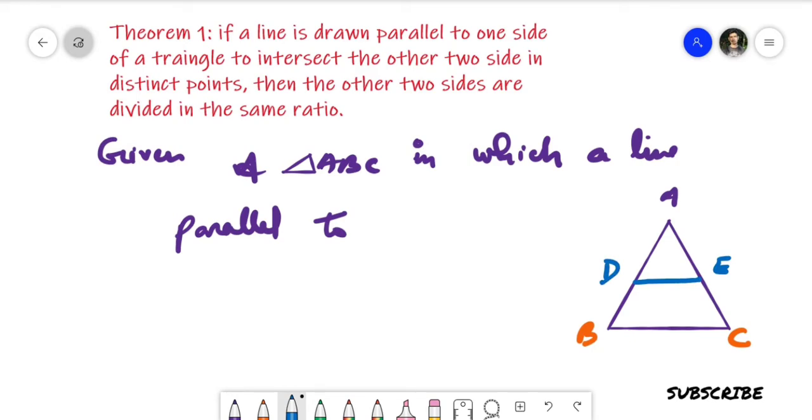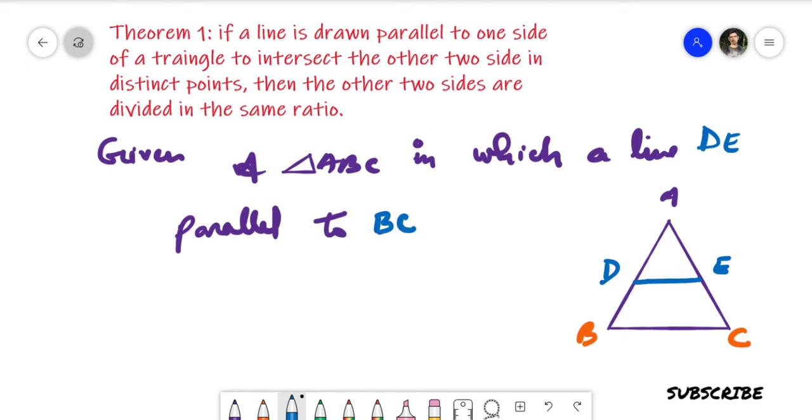I'm going to write a triangle ABC in which a line DE, this is parallel to this line. So I write DE parallel to BC. Can you see?